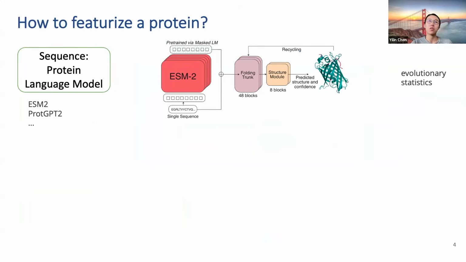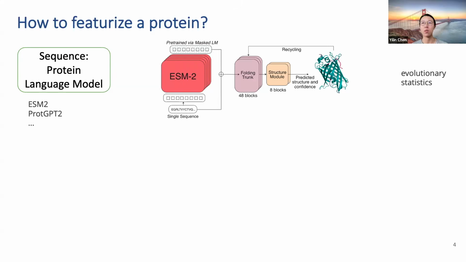So the next question is how do we featurize a protein to allow those computational pipelines? One of the most popular hot topics right now is language models. So we have protein language models like ESM2, ProGPT2, and a lot of other models that basically follow some sort of language model objectives.